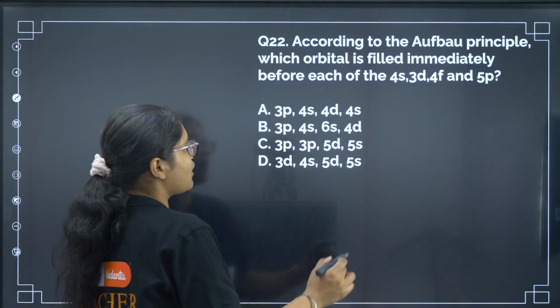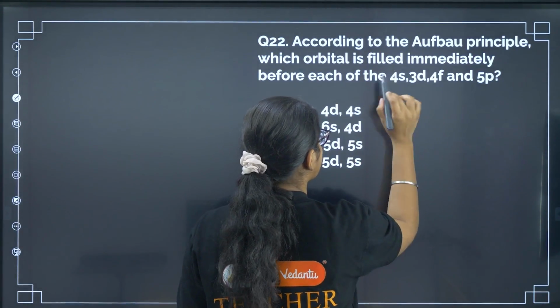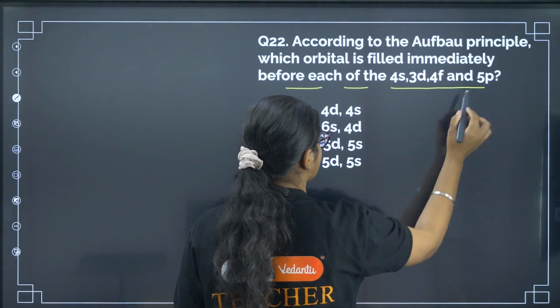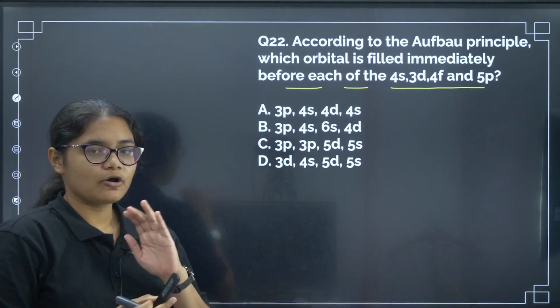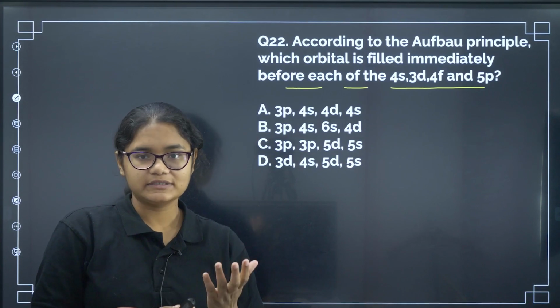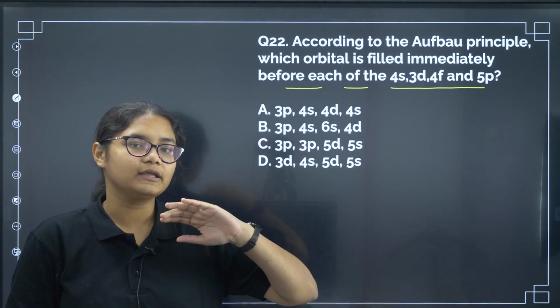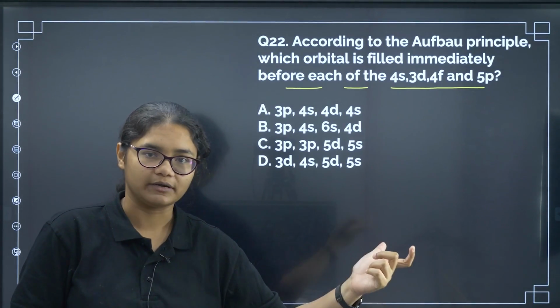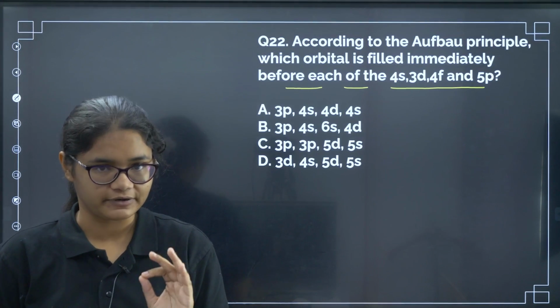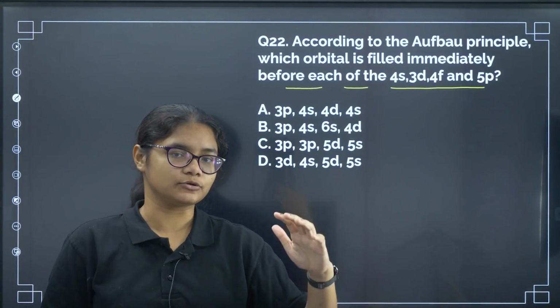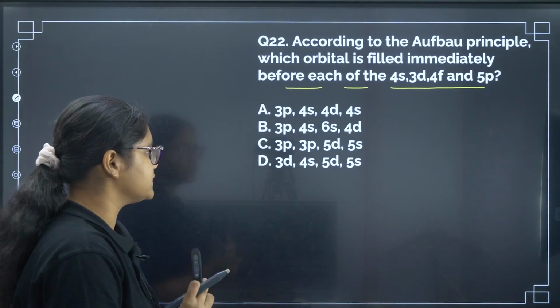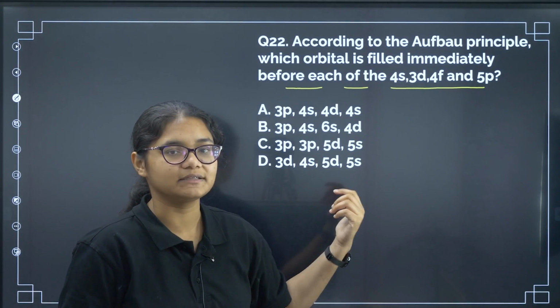Next, according to Aufbau principle, which orbital is filled immediately before each of these orbitals? Okay. So according to Aufbau principle, the rule says that electrons should be filled in the order of the energy of the orbitals. Means the lower energy orbital should be filled first and the higher energy orbital should be filled later. So the question is, before 4s which orbital must have been filled?